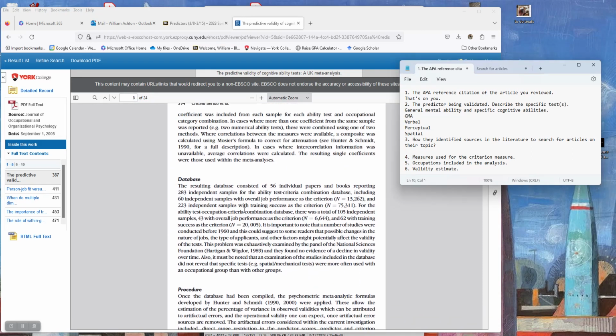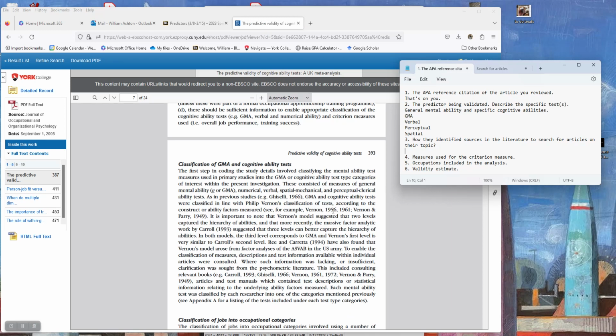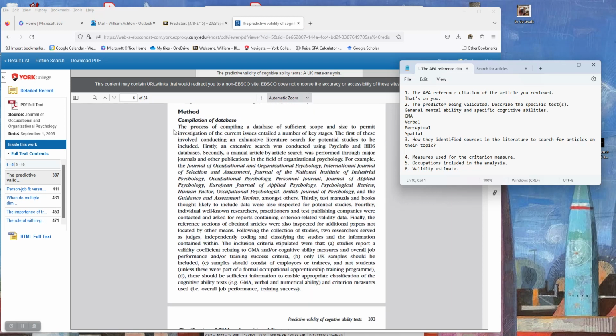And then I'm going to poke around. If we go back to the database, how they identified sources in their literature. Here's the section in the method section. First, these involve conducting an exhaustive search of potential studies. Firstly, that's what we want. Firstly, a search conducting PsycInfo, and other databases.